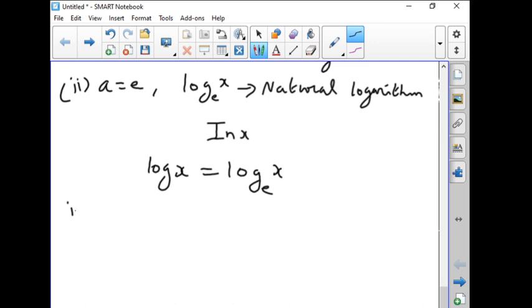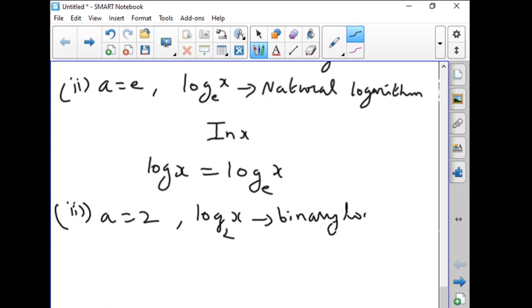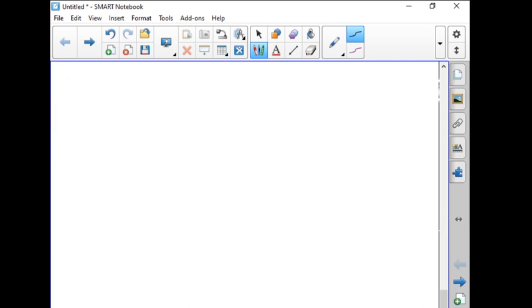Then when a is equal to 2, we have log x to the base 2 and this is called the binary logarithm. Remember all this. The exponential function and logarithmic function can be drawn as a graph also, and they are given in your book. You can refer to it.